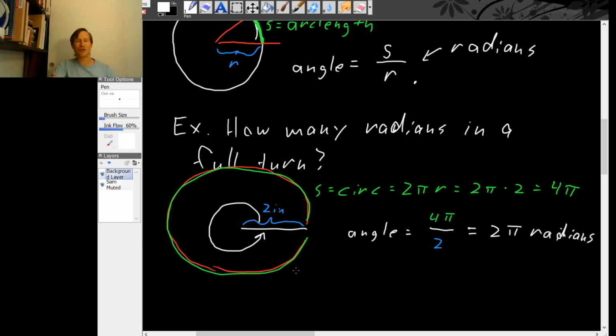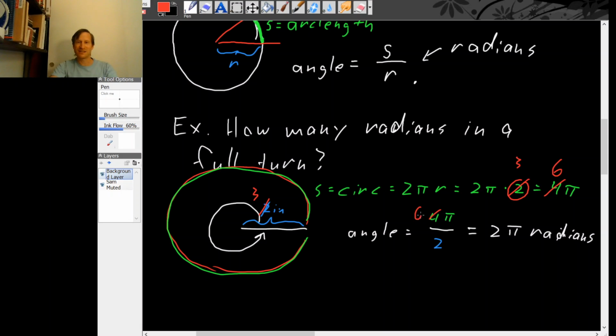So if we had chosen a different radius, how would this change? Well, if we changed this radius to, say, 3, what would that change? That would change our radius over here in our arc length. That would change to a 3. And that means that this arc length wouldn't be 4 pi, it would be 6 pi.